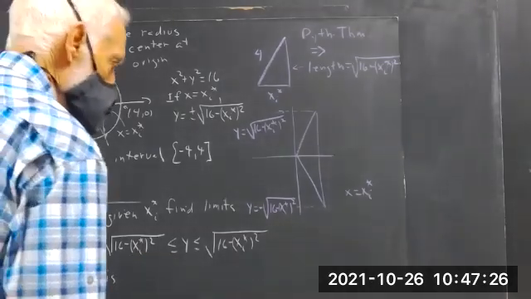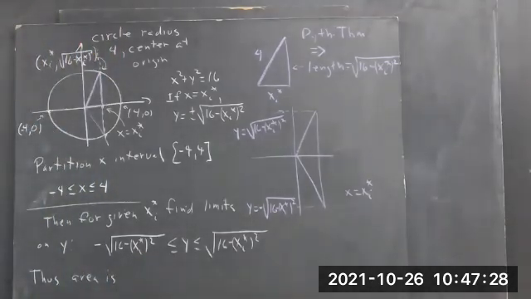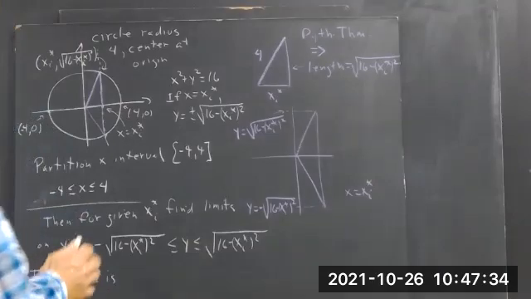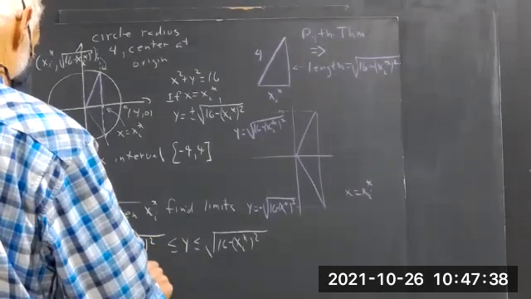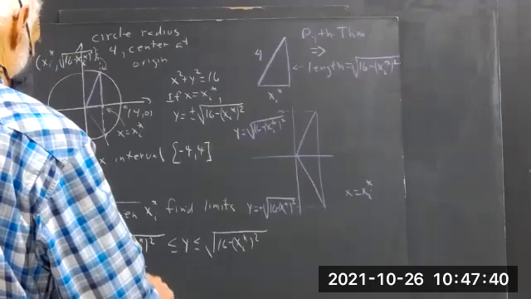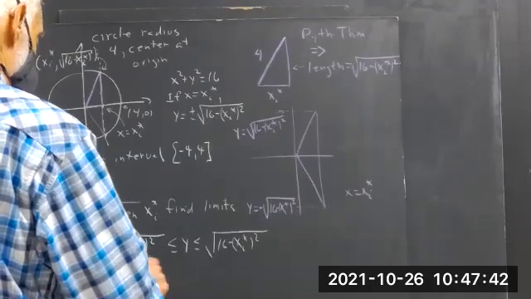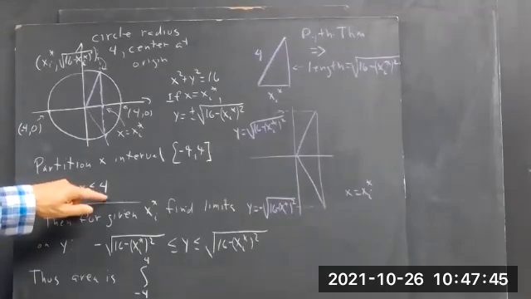So if we want to find the area, and I'm going to show you this quickly because of time, x goes from negative 4 to 4.